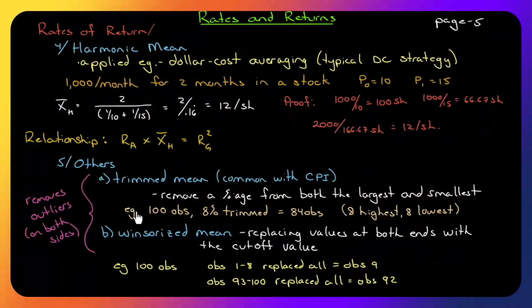Okay, let's do another application of the harmonic mean here. If you've ever done any dollar cost averaging, which is very common in defined contribution pension plans. What that means is every paycheck you'll have like $200 that goes into your pension plan, and you may be buying $200 of a mutual fund every single month.